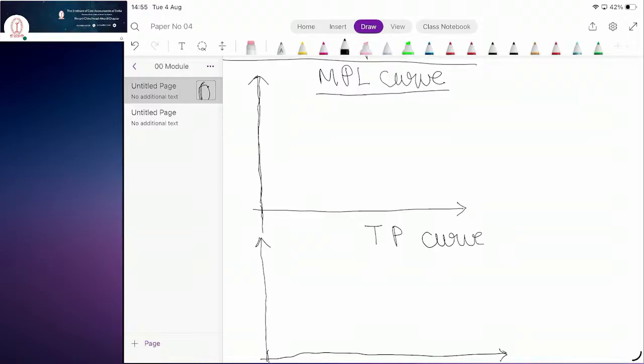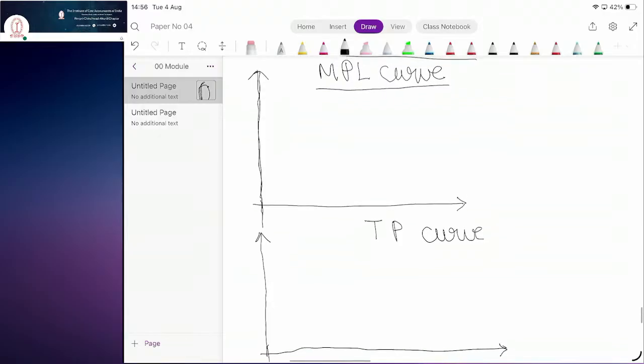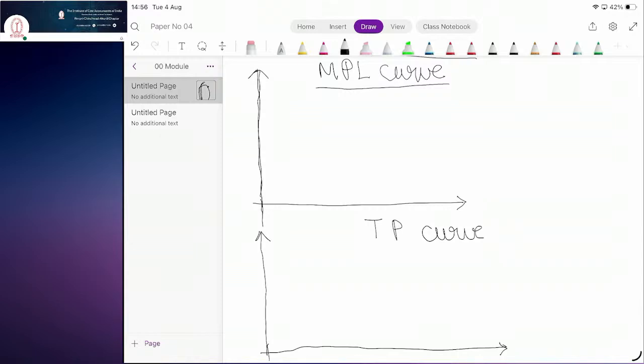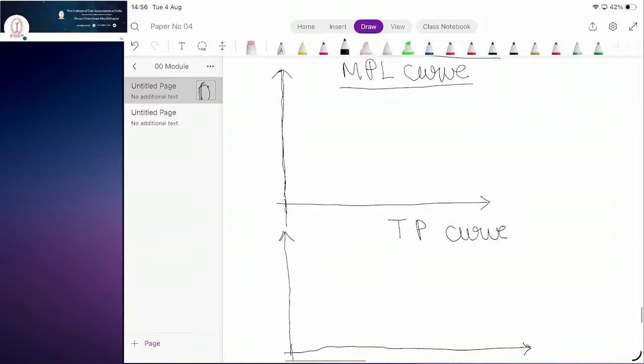Have you all plotted the x and y axes? Okay, once you finish, for the first diagram, on the y-axis I'm going to plot marginal product of labor, and on the x-axis I'm going to plot the labor input.